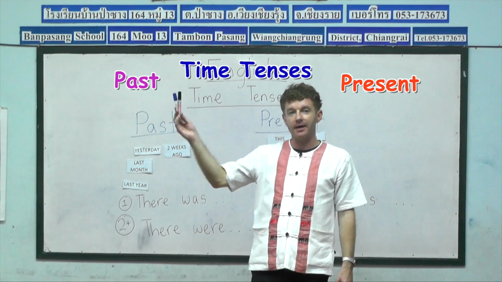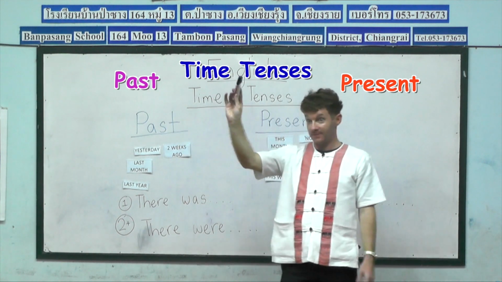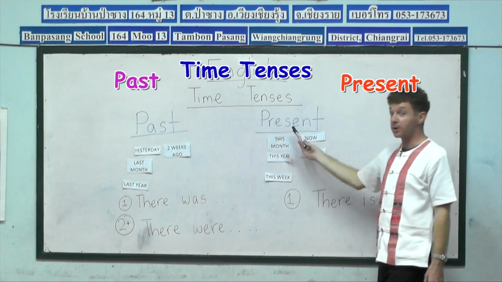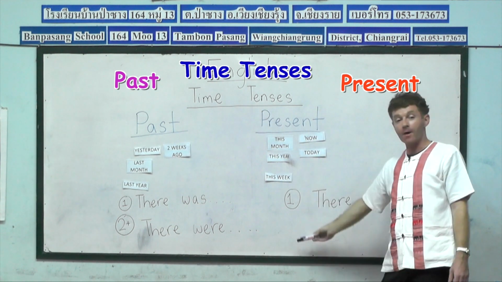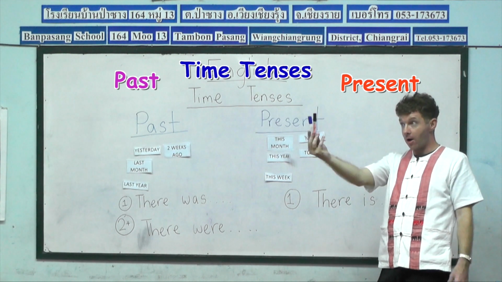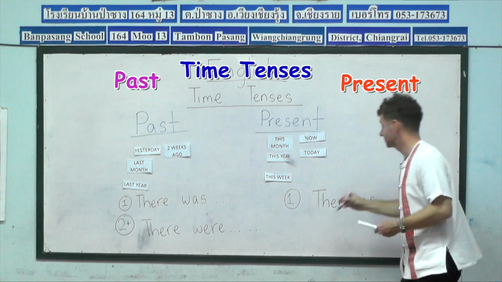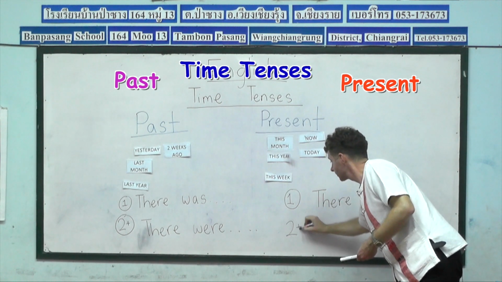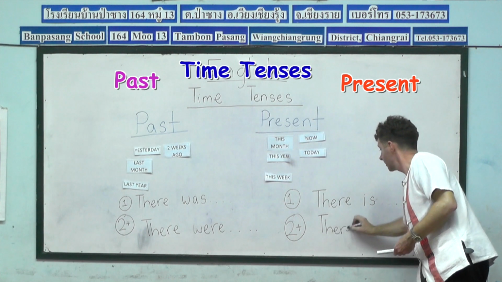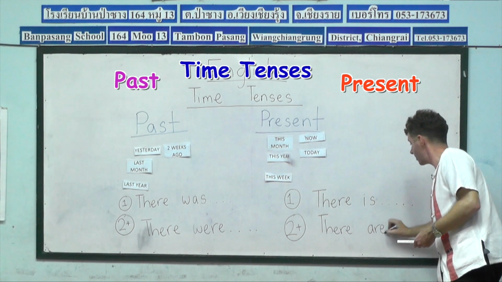And now, I think I heard Dan say it. There are 2 markers in my hand. Yes, if we go into the present tense and we're talking about more than one, there are. Excellent, guys. A-R-E.